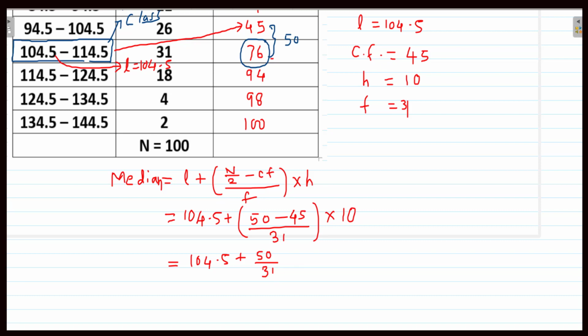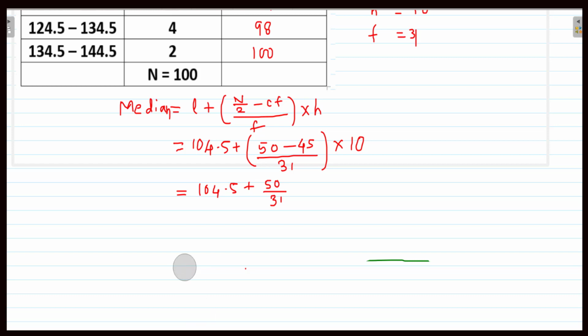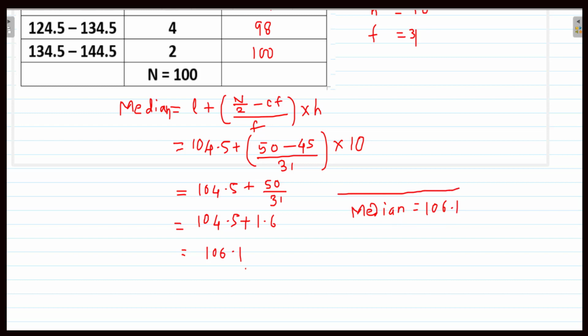What we always do, we first solve this part to the decimal form, and so it will be 104.5 plus 50 by 31, that will be 1.6, and so which is equal to 106.1, and therefore the required median is equal to 106.1. Highlight this answer.